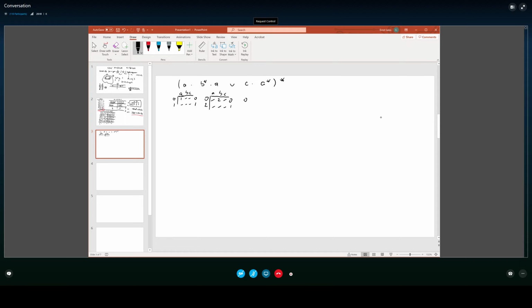And then 0 is, of course, always the initial state. Then we have 0, 3 for that a: a, b, c, 0 goes to 3, nothing, nothing, so 3 goes to nothing, nothing, 0, 1, so that's that a. Then we have that c, 0, 4: a, b, c, nothing, nothing, 4, nothing, nothing, nothing, 0, 1.